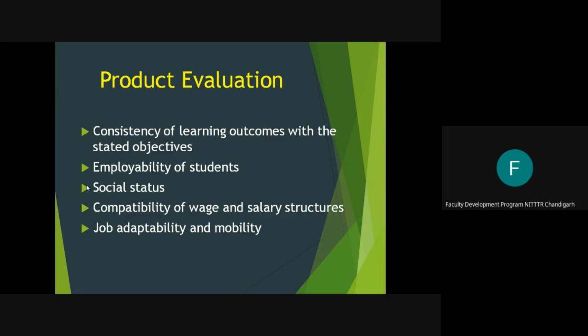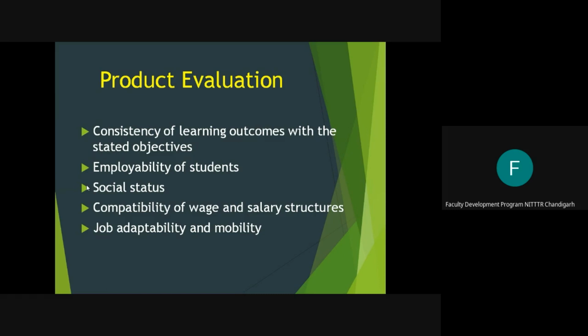Okay. So I would like to know whether the students are getting employed, to what extent the students are getting employed, what is their social status. Again, what does social status mean? See, whether they are getting employment at the level that they should get. A degree holder should get employment at par with the expected degree level.